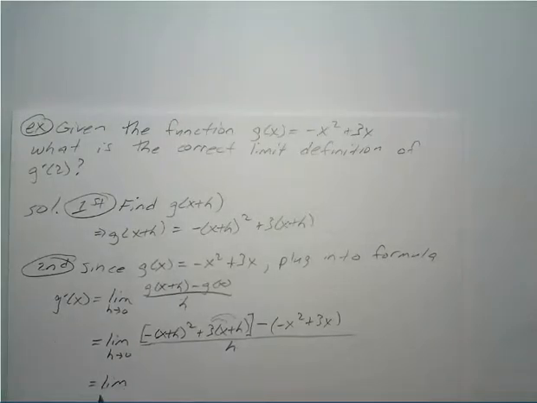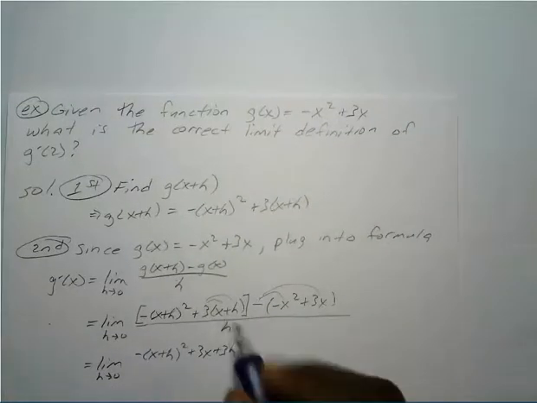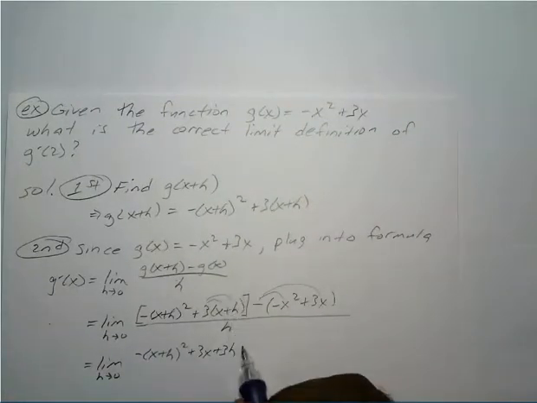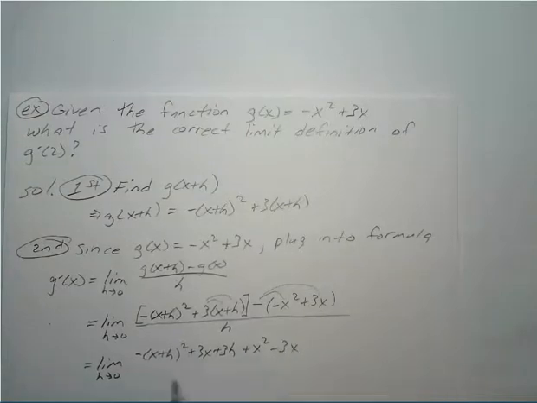So the limit as h approaches 0 of negative x plus h squared plus 3x plus 3h, and we're going to distribute that negative. So you have plus x squared minus 3x, all over h.